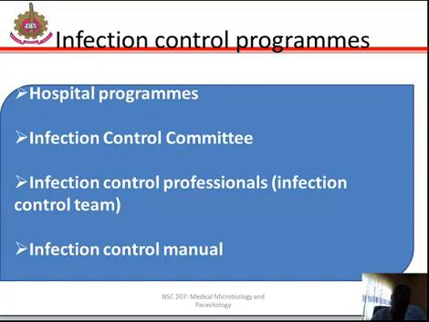Now talk of infection control programs. These programs are what the hospital put in place to ensure that incidence of nosocomial infection is brought under control, is minimized. The first thing we talk of is hospital programs. And the hospital programs are the major preventive effort in their facility.